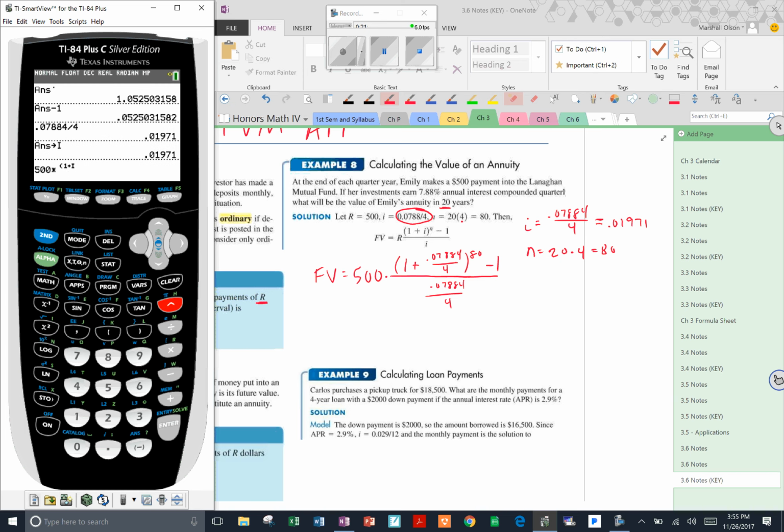That's going to be taken to the 80th, and then we're going to subtract 1, and that's all happening in that numerator, and that's all going to be divided by I, alpha I. And we should end up with about 95,483. We're off there.